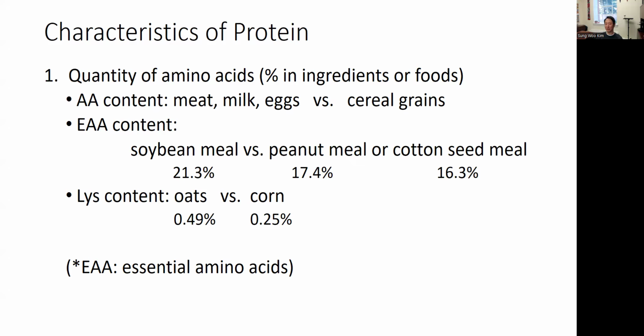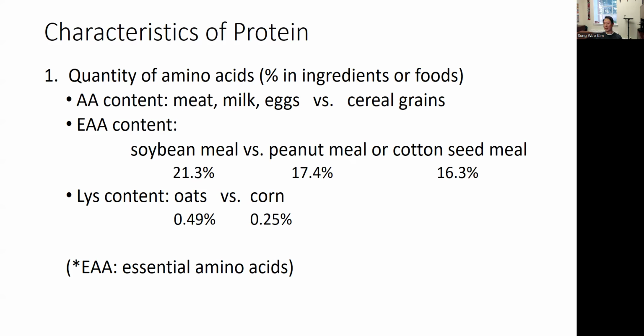Simple comparison here between meat and corn, or pork versus corn. I think you can imagine, we don't need an exact number here. Which one will have a higher amino acid content? It's an easy answer, the meat. Most likely the meat will have a higher amino acid content compared to corn. Animal tissue versus plant tissue.